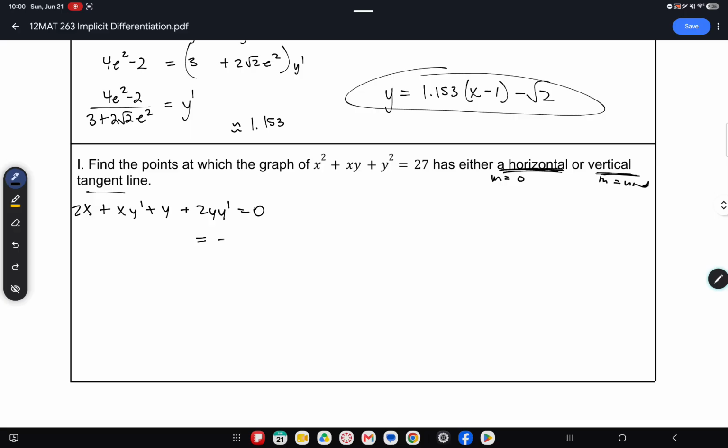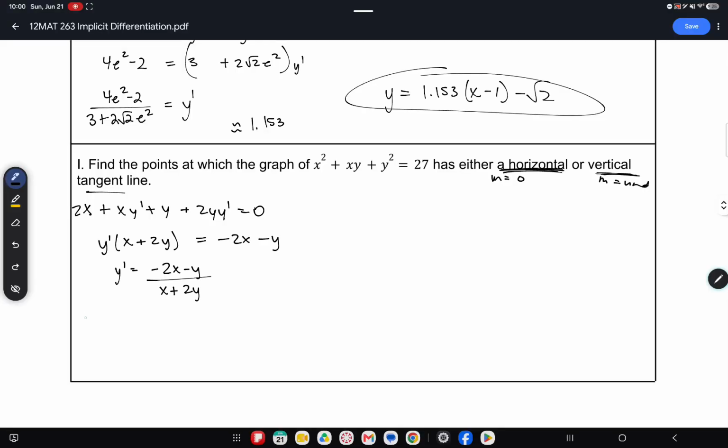So I will be subtracting 2x and subtracting y, and factoring out the y', so x plus 2y, and then I can divide all of that. So y' is negative 2x minus y over x plus 2y. Okay, so here's our derivative.